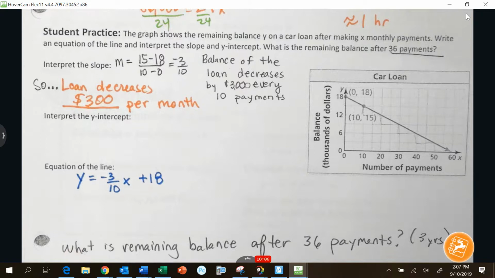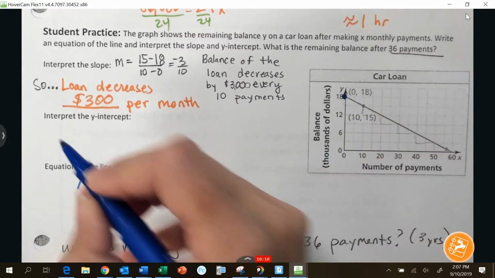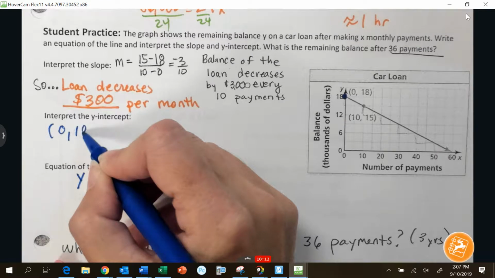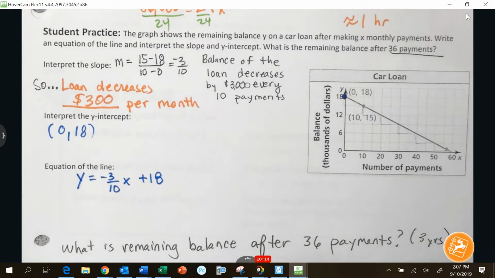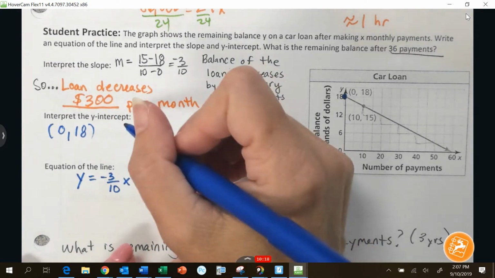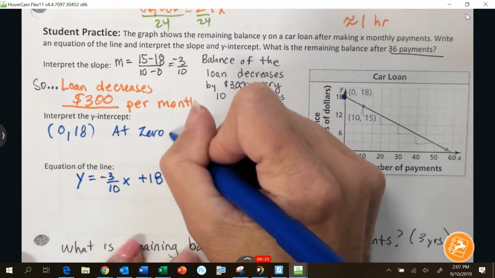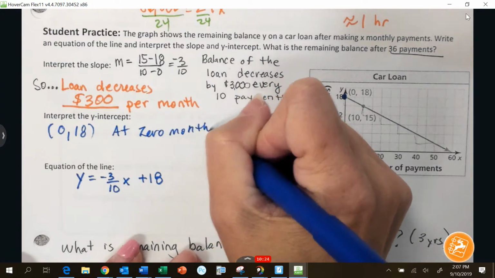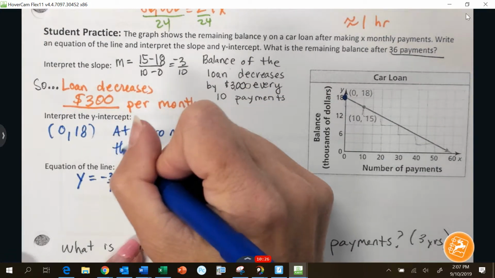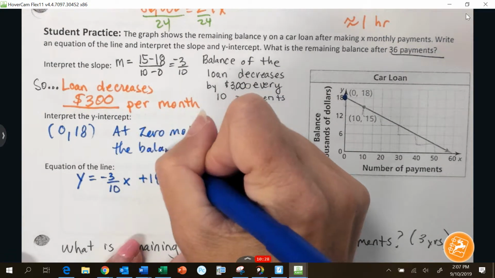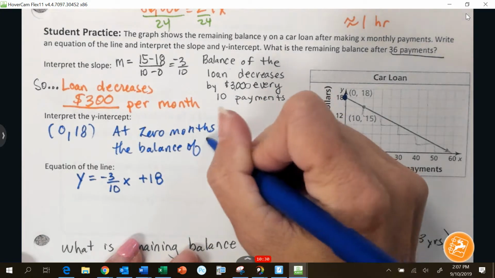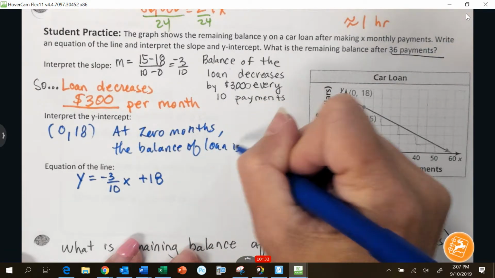We're going to interpret the y-intercept. So that one's different than the previous one. Here's our y-intercept at 0, 18. What does that mean? It means for 0 months, there is $18,000. At 0 months, the balance of the loan is $18,000.